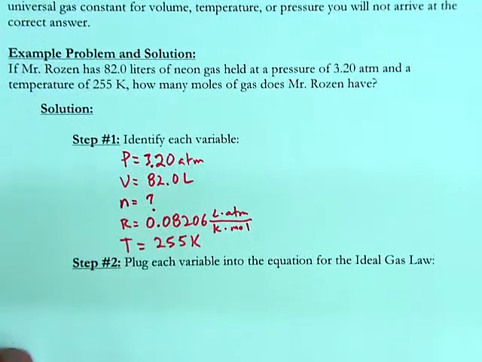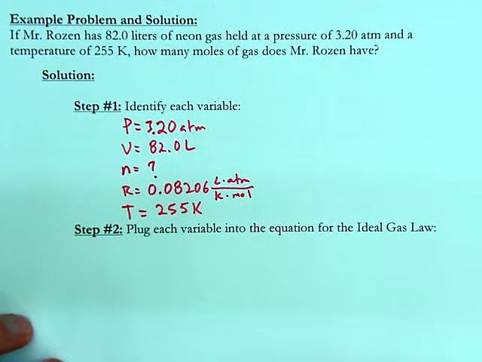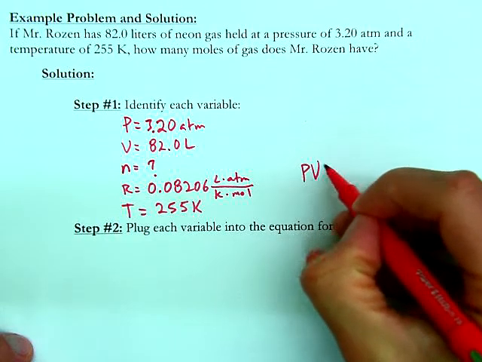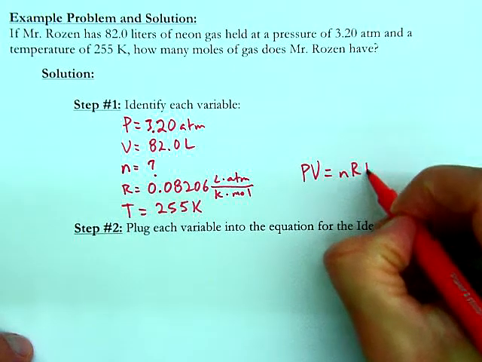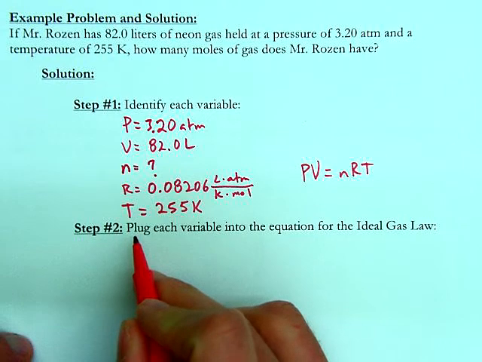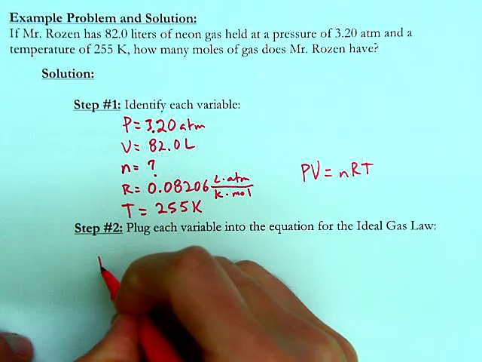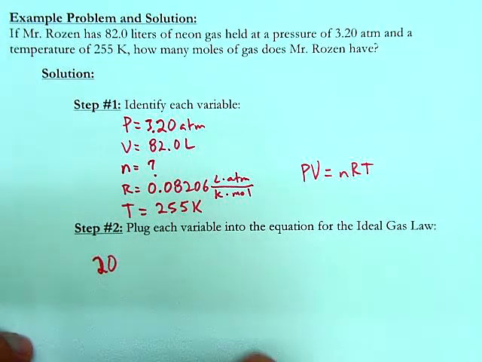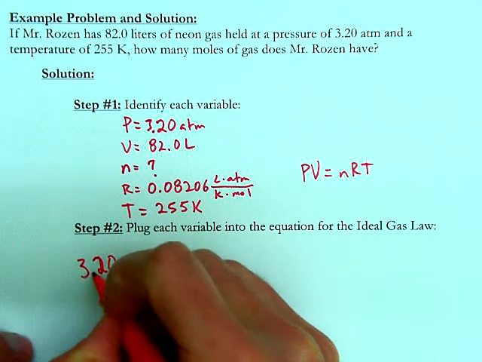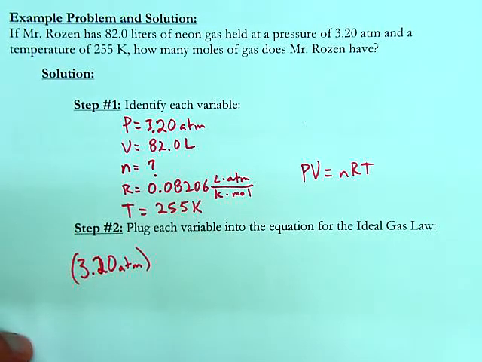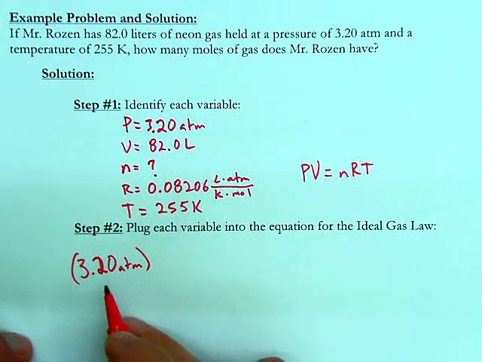I can just simply plug them into the ideal gas law, which again is PV equals nRT. So let's plug them in. Step 2, plug each variable into the equation. I'm going to just turn that into a 2. Sorry about that. So 3.2 ATM, that's our pressure.